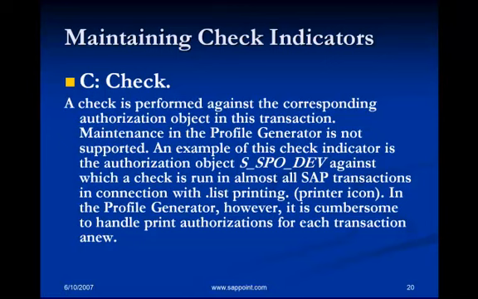Now, one example object for this is s_spu_dev. This object is checked in almost all transaction codes, because if you have an output and you want to print that output, then this object is needed.